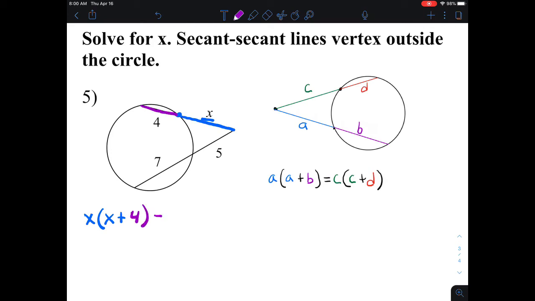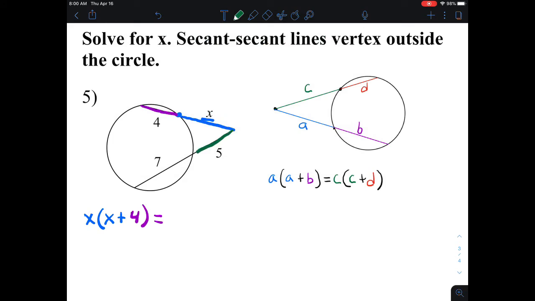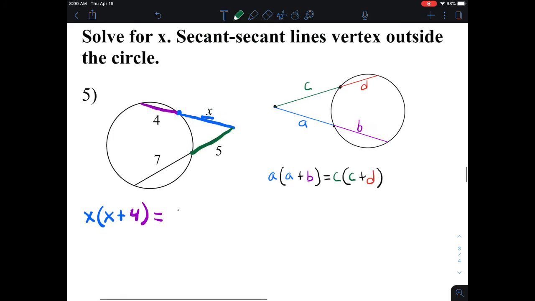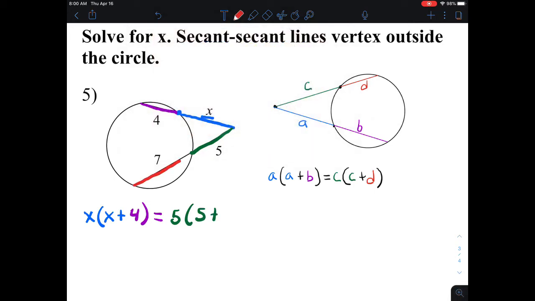And that's going to equal this, and I do the same thing for the other segment. So 5, which is representing C, times 5 plus the remainder of that segment there, which is 7. Then I would evaluate that from there.